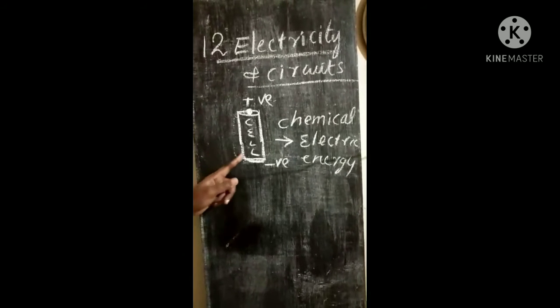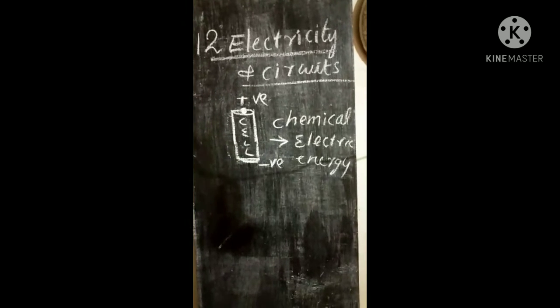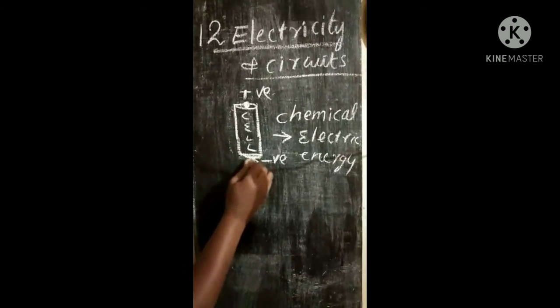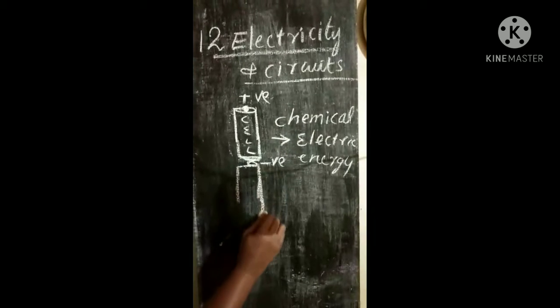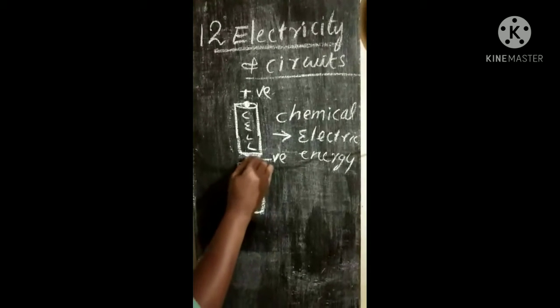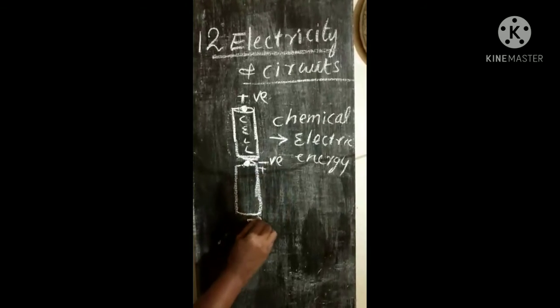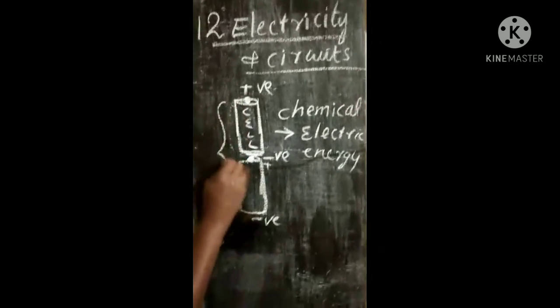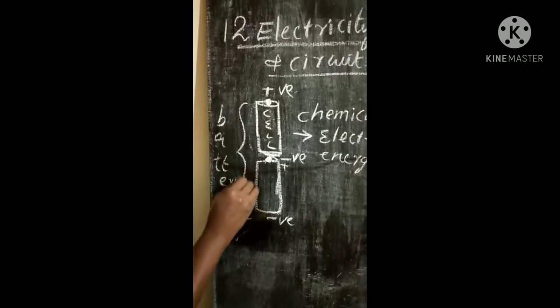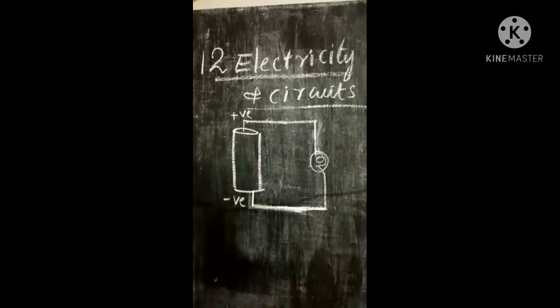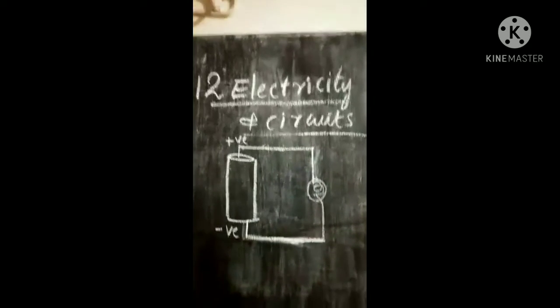Okay, so this is a cell, and if you want to get more energy, we need to connect different cells in contact. This is another cell. Okay, this is the positive of the next cell and this is the negative. Now we call this a battery. Okay, this is a battery. See this closed path of the electric current.